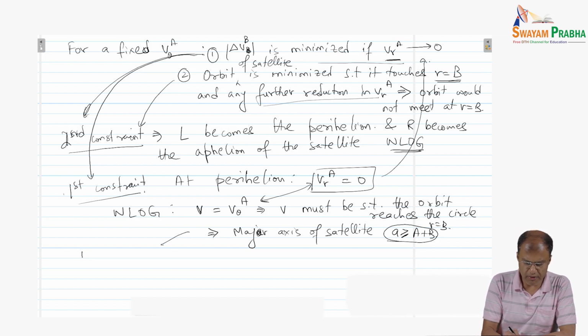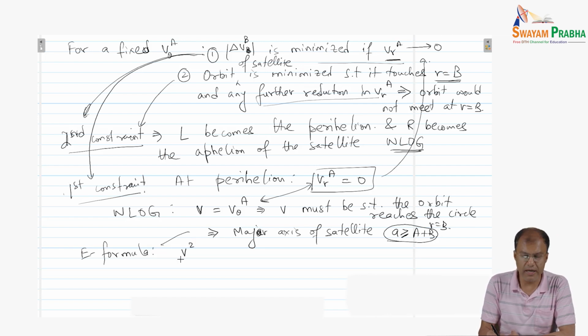So let us now do some more processing of all this information. Going back, our E formula says that v square, the orbital speed, is equal to gamma, well, what are we getting? So gamma 2b by A times a plus b, right?